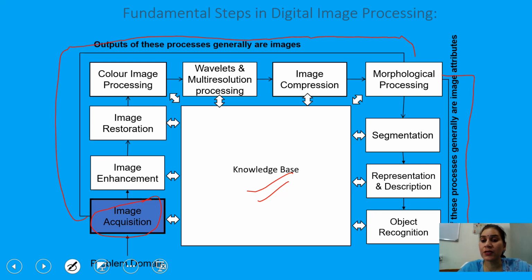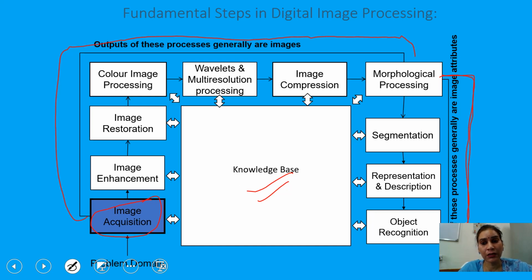the output of these processes is generally image attributes. Here the attributes are discussed, so these are high level image processing. So this block diagram is divided into low level processing and high level processing. Under low level processing, we have image acquisition, image enhancement, image restoration, color image processing, wavelet and multi-resolution processing, image compression, and morphological processing.